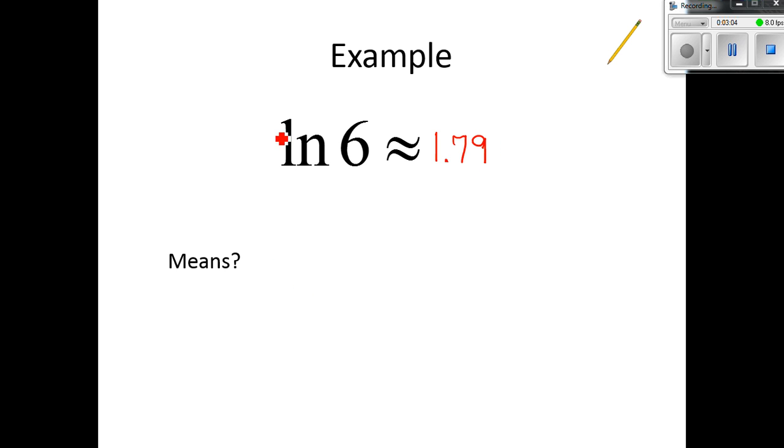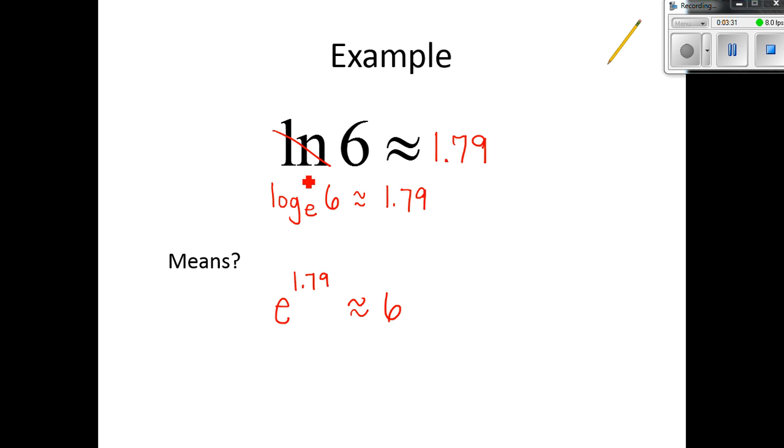Well, what does that mean? Another way to write ln is log base e. Well, how do I take a log and rewrite it in exponential form? Really what it means is that e to the 1.79 is approximately 6. Okay, so that's what it means.